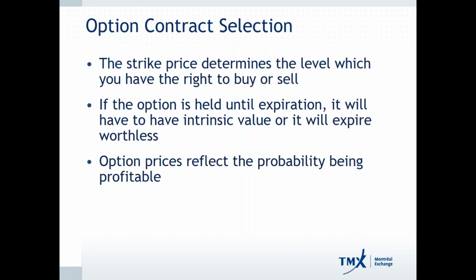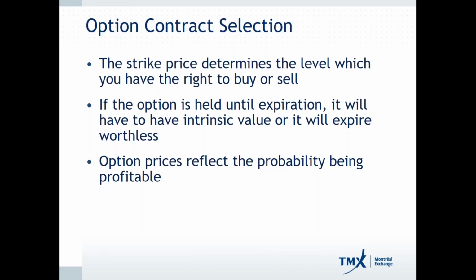The strike price, of course, determines the level at which you have the right to buy or sell the underlying security, but again, recognize that we're trading a notional index. We are essentially benefiting from the difference between the strike price and the settlement value.